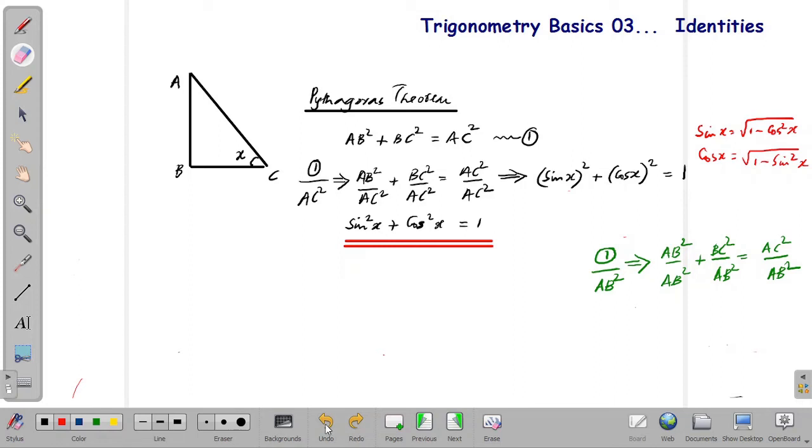Now, what is AB by AB? That is 1. Therefore, 1 plus BC by AB, sorry, BC by AB is cot x. Its square is cot square x. And AC by AB is cosec x. Its square is cosec square x.